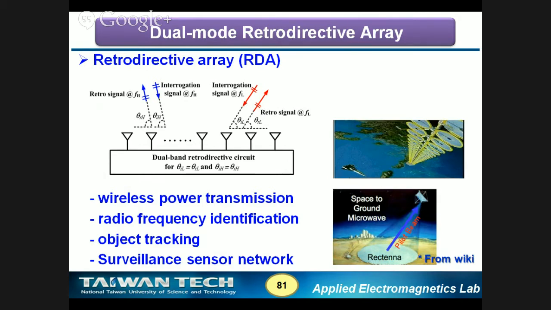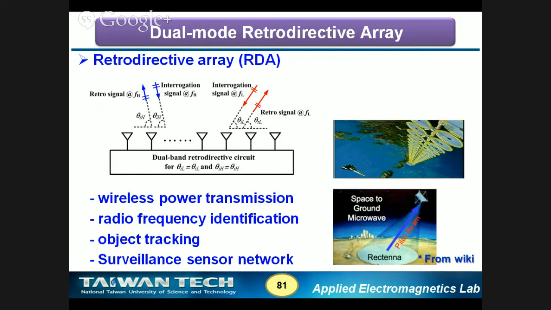And of course, the retrodirective array can do some radio frequency identification, because it is a similar idea to an RFID system. If you can add some modulation, and actually we did add some modulation now, in your retrodirective circuit, then you can make the retrodirective array similar to an active tag.